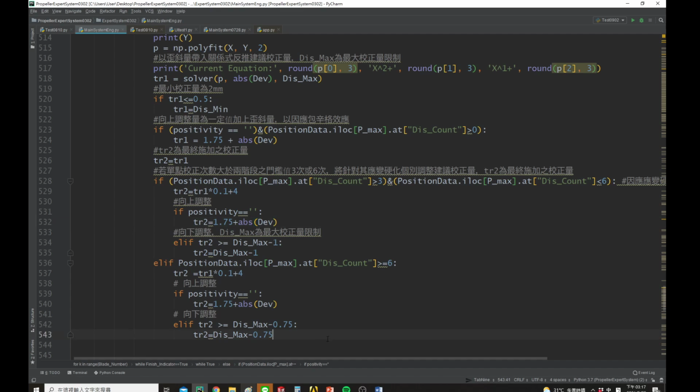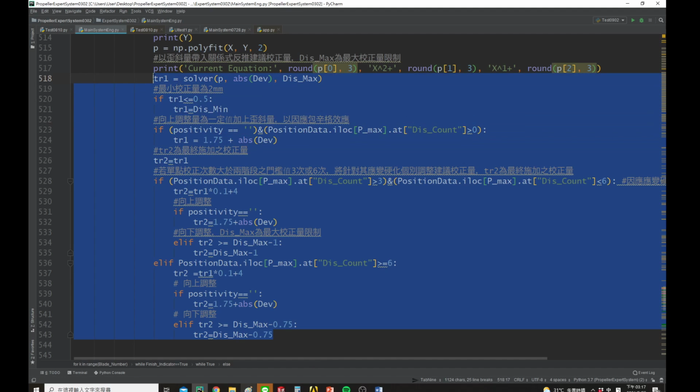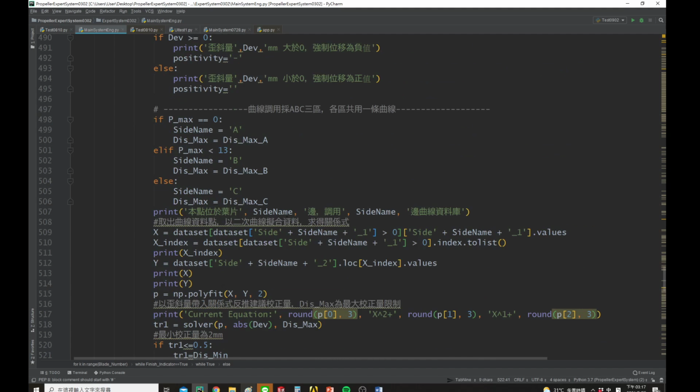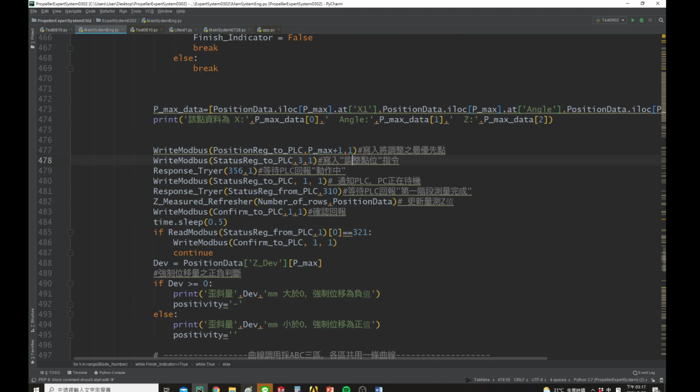So for other types of propellers, you need to do this part yourself with the engineer in Sense. The engineer in Sense can read your code, so that's why I add a lot of comments to my code.